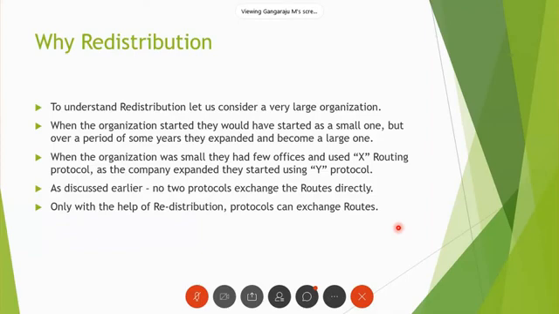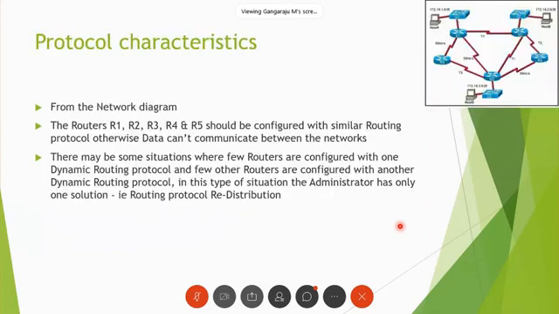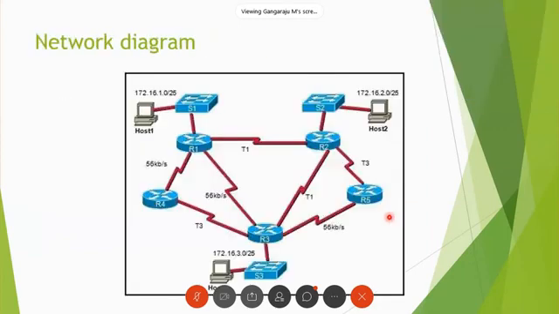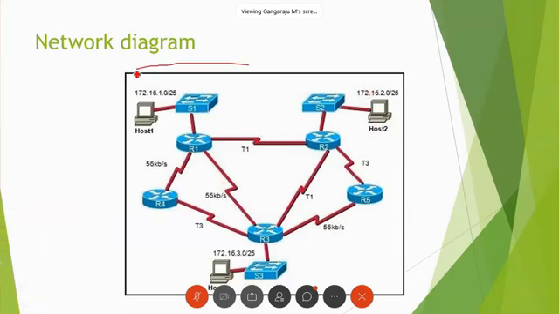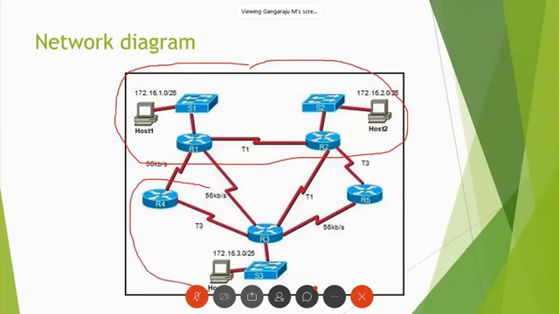Similarly, let's go back to this diagram. Let's say R1, R2 are using OSPF. This part of the network is using OSPF, and this part of the network is using EIGRP.